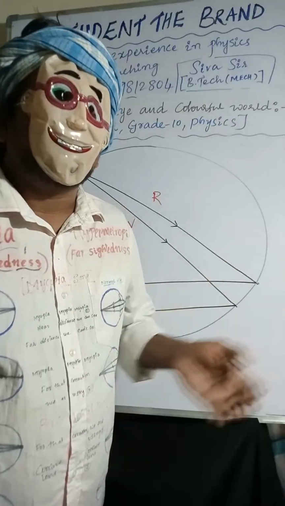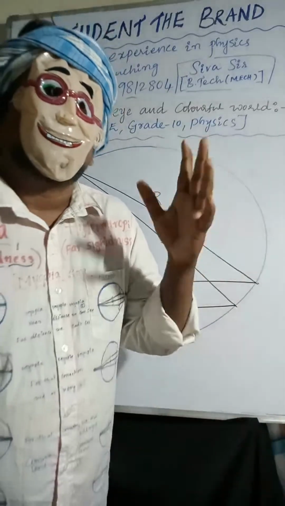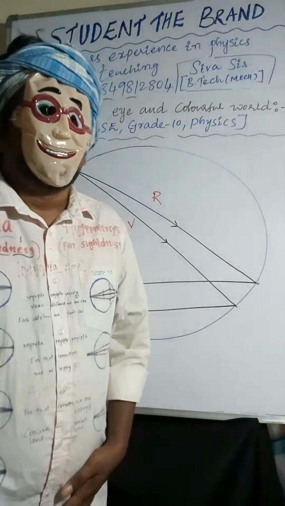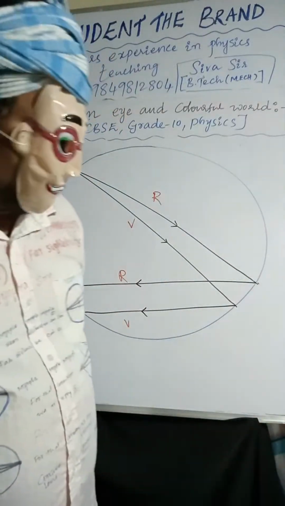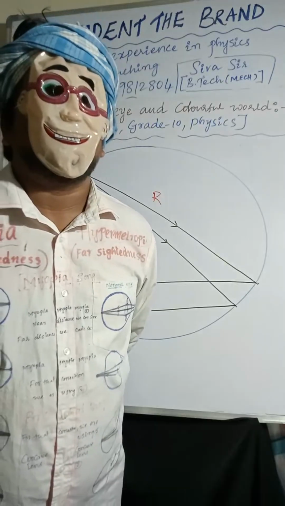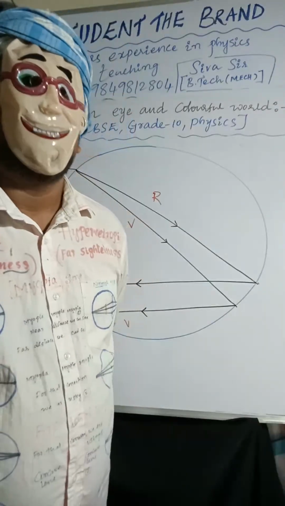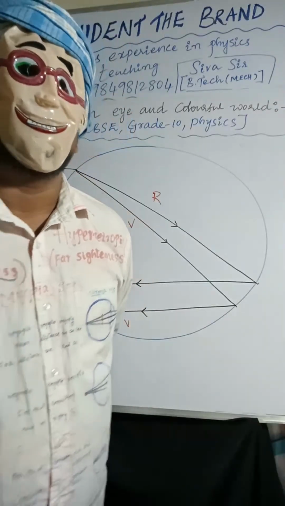What are those phenomena? Refraction, dispersion, and internal reflection. So what are the phenomena involved in the formation of a rainbow? Refraction, dispersion, internal reflection.